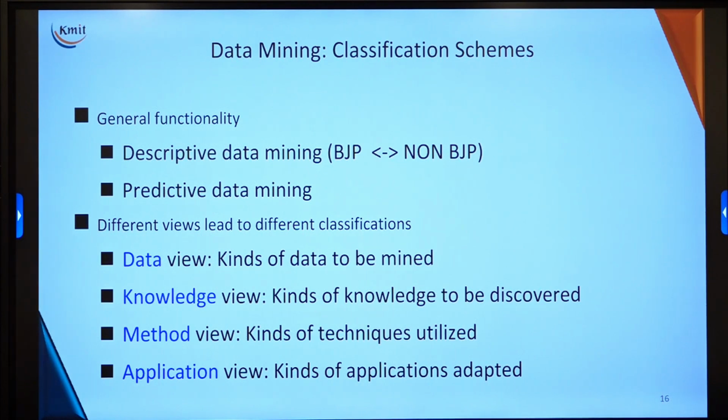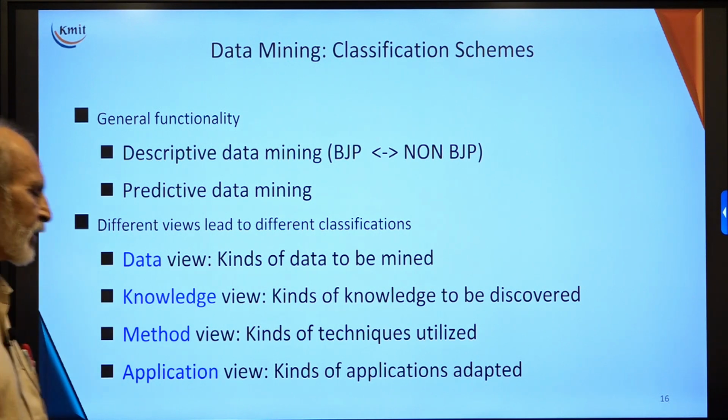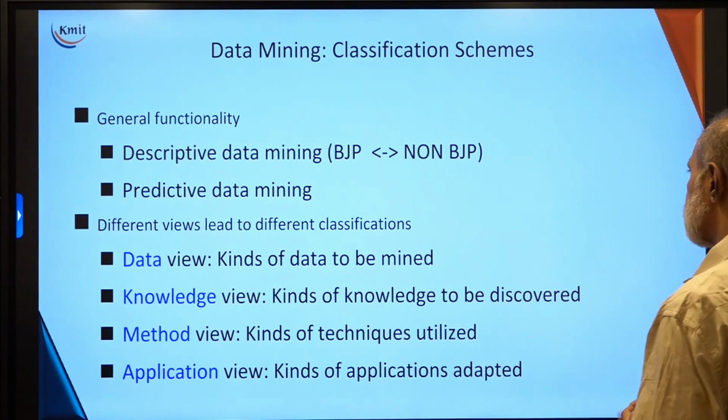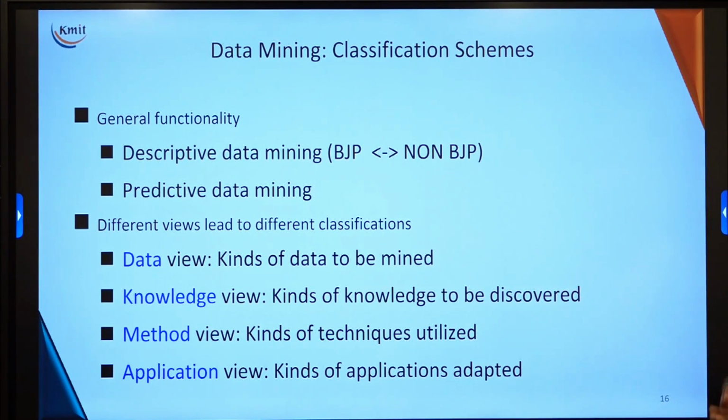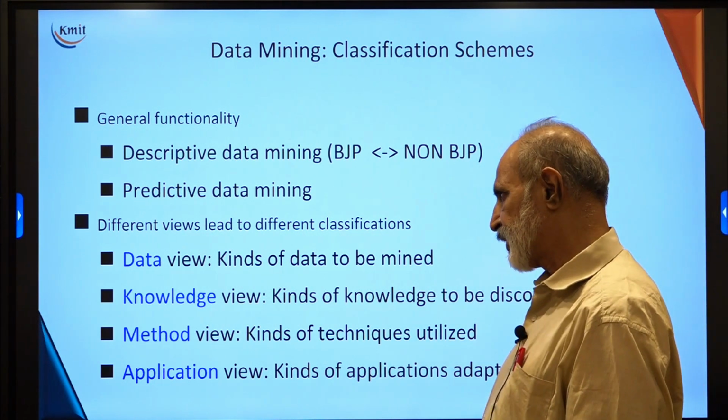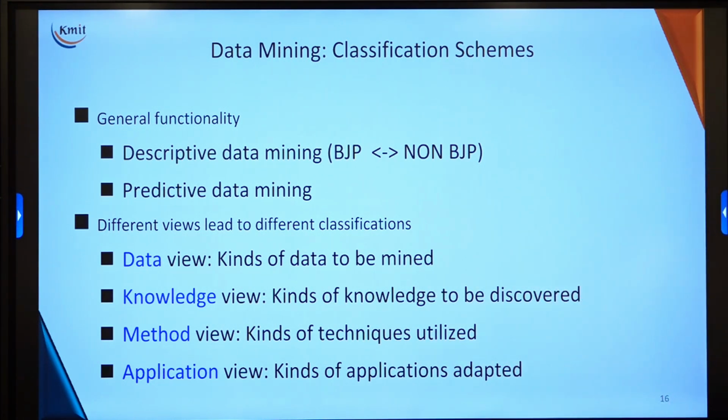So we have some classification like descriptive data mining, like BJP versus non-BJP. So if an election is there, you have descriptive data mining, which political party is going to win in which state. Predictive data mining is another very good application for a data science person. Then we have different views of the data leading to different ways of classification: data view, knowledge view, method view, and application view.